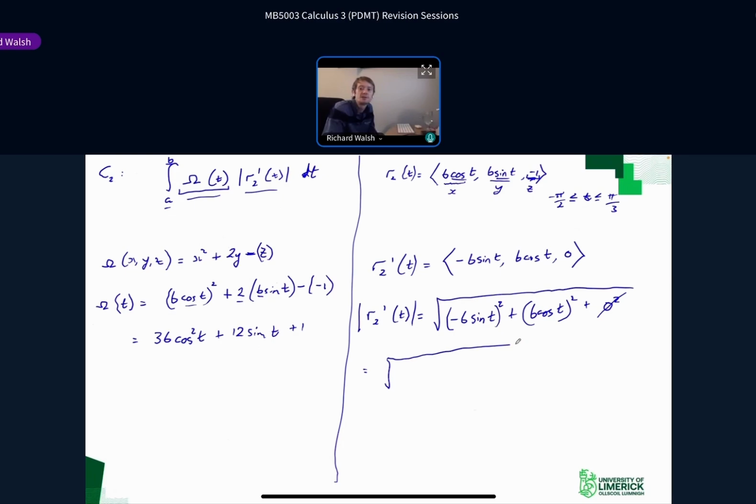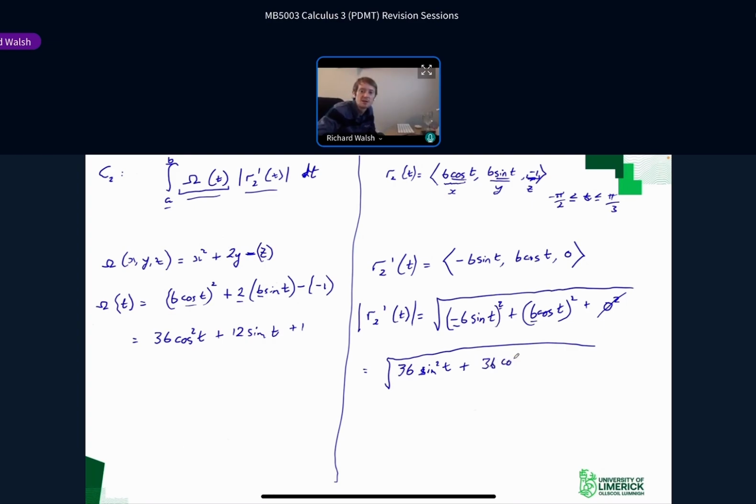So we have the square root of minus 6 to be squared, which is minus 6 times minus 6, which is plus 36. Sine of t to be squared is sine squared of t. Plus 6 to be squared is 36.